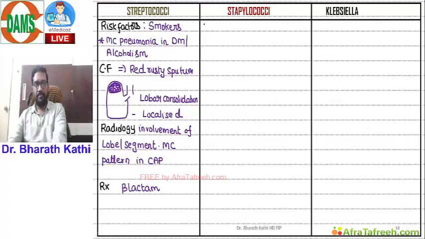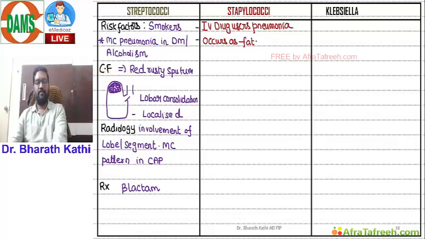Then coming to staph. Staph pneumonia is also called IV drug users pneumonia. It also occurs as fatal pneumonia post-viral illness.